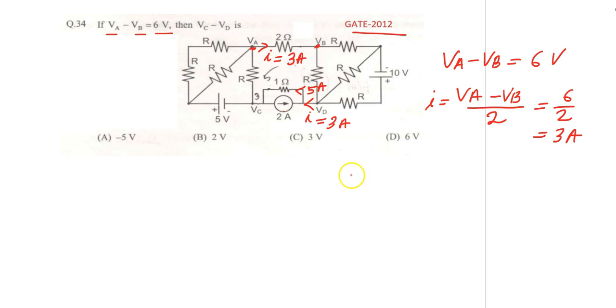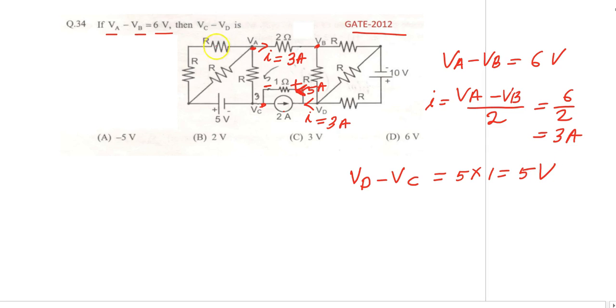So VD minus VC, this is the node voltage of this node, and this is VD, is equal to this potential difference, because this is positive, this is negative. So 5 into 1 equal to 5 volt. But the question is not yet over because they have asked VC minus VD. So VC minus VD is equal to minus 5 volt.